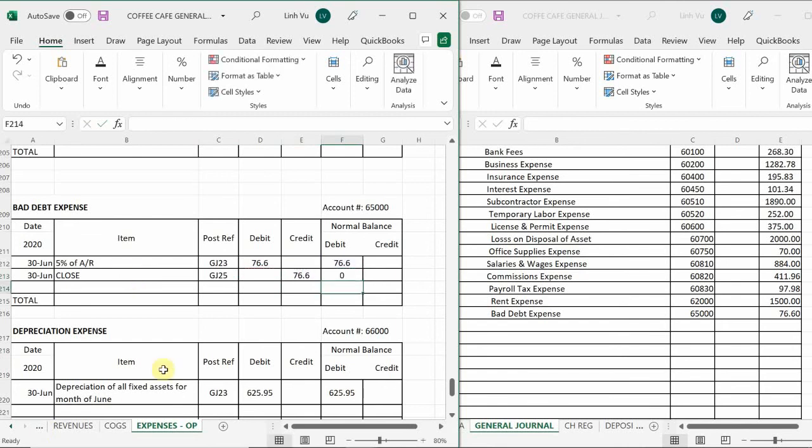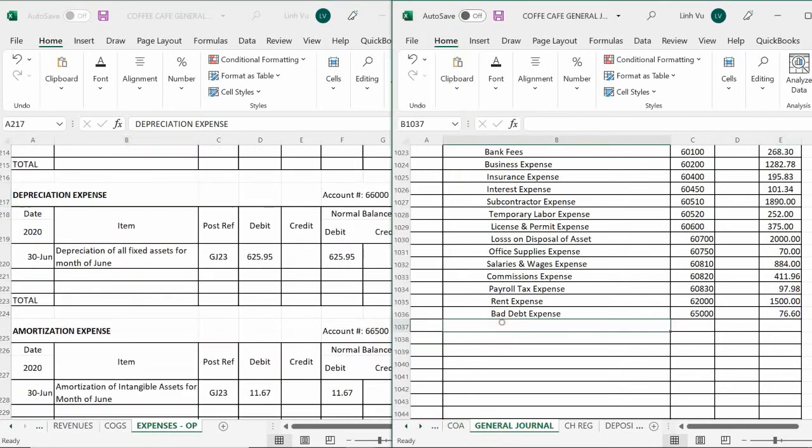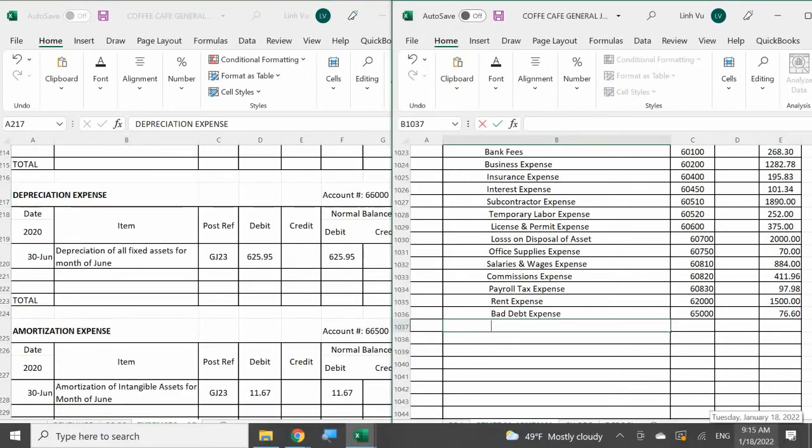Okay. Then we have depreciation expense, 66,000 for a total of $625.95.